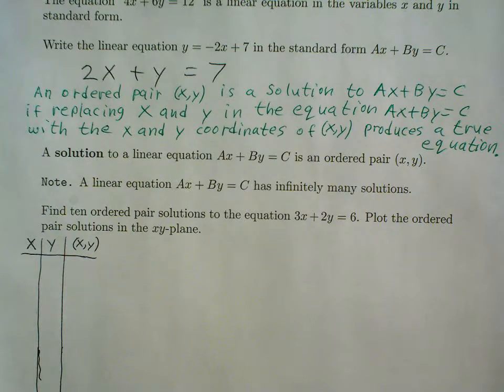Okay, yeah. For a linear equation in the variables x and y, we can start by picking one of the variables and substituting any number we want into that variable, and then doing the arithmetic to find the value of the other variable.